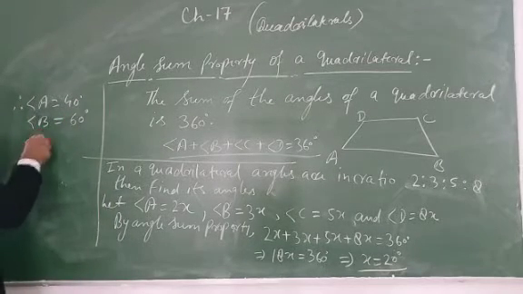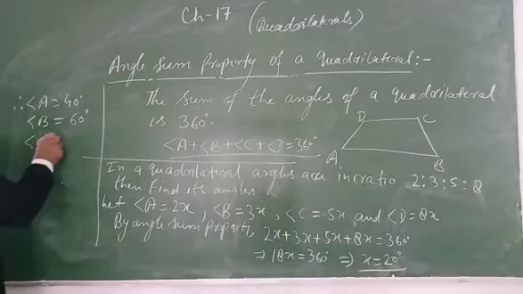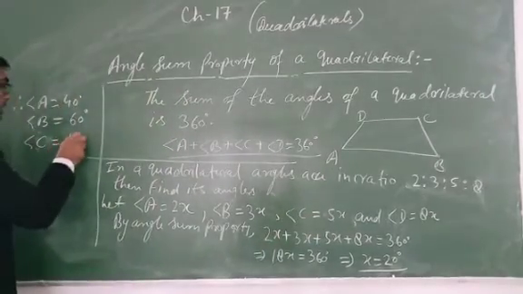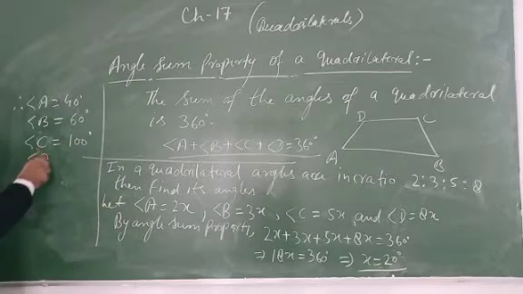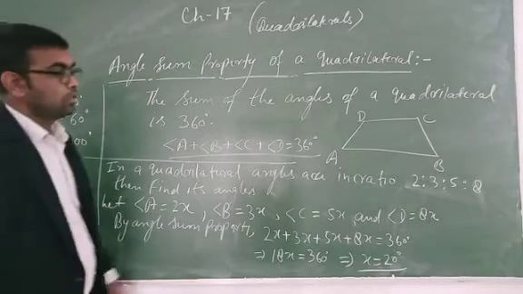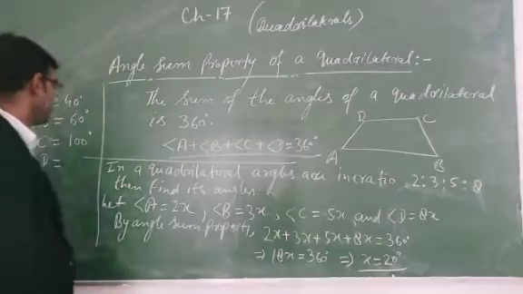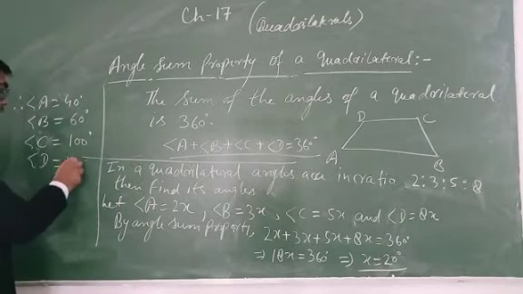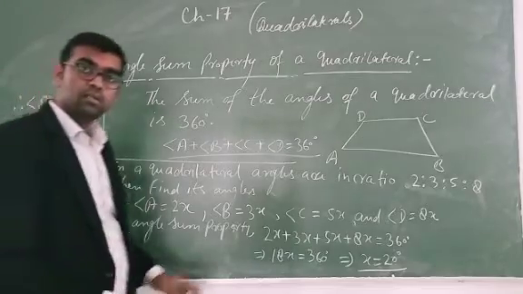Angle C is 5 into x, so 5 into 20, so 100. And angle D is equal to 8 into 20, so that will be 160. I hope it is clear.